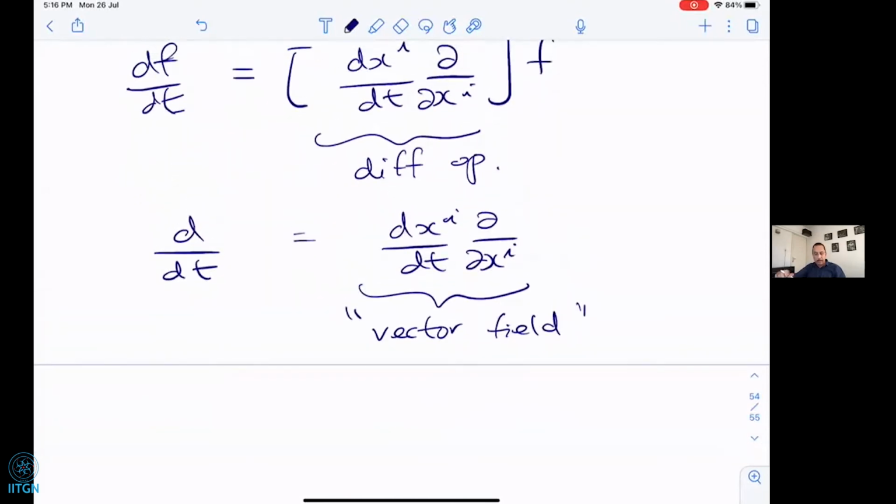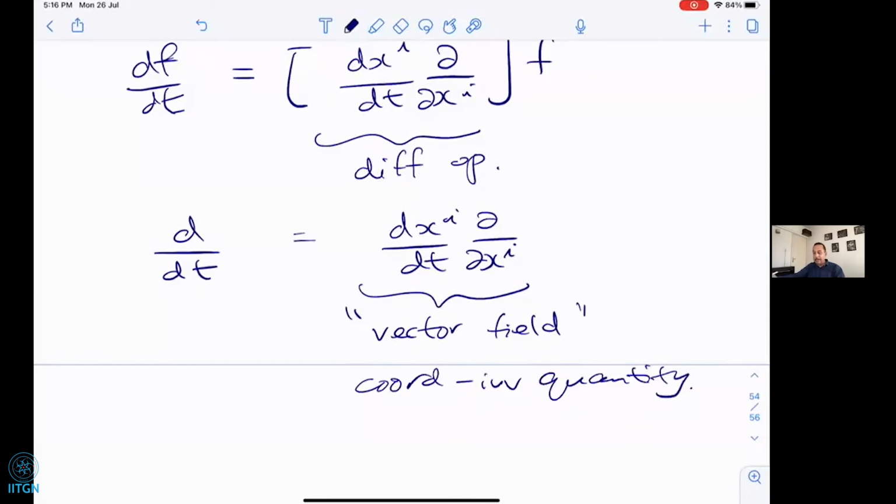The reason this is nice is that just this velocity or just this gradient operator were not coordinate invariant, but this is a coordinate invariant quantity. Because I can as well define d by dt as dy by dt, d by dy. Now it should act on functions g of y, but the operator looks the same, so it's coordinate invariant.